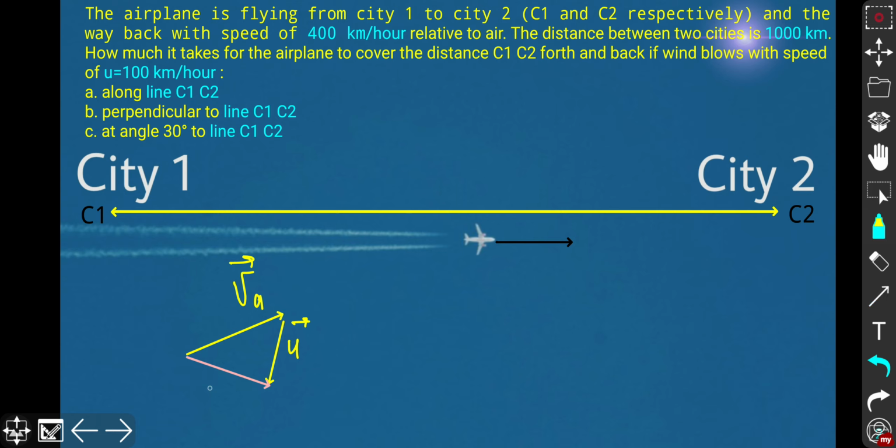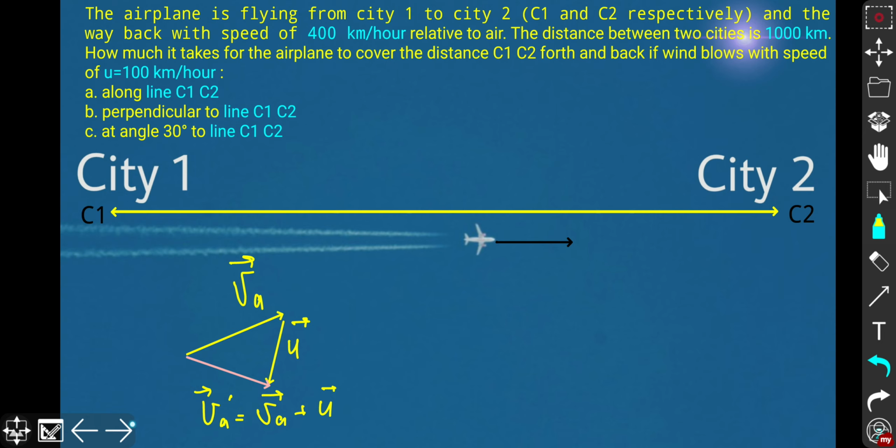So the relative velocity is going to be the vector sum. Because you have different cases, different orientations of vectors, you need to take into account not just the algebraic sum, but the vector sum as well.